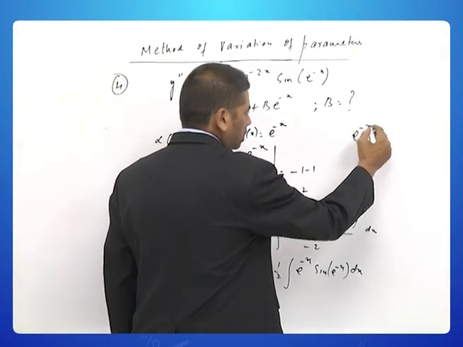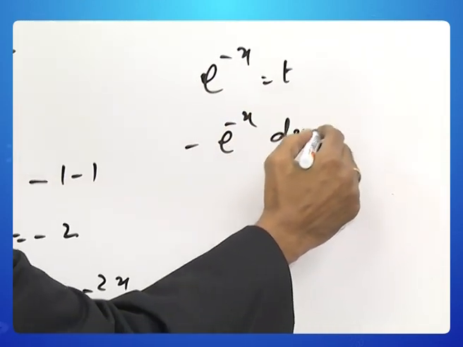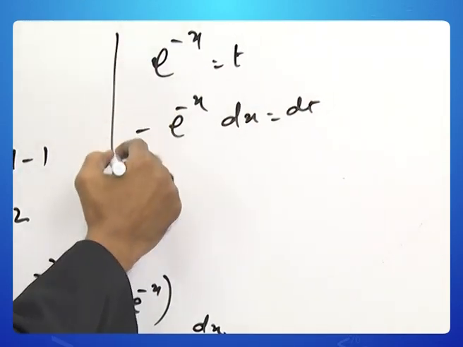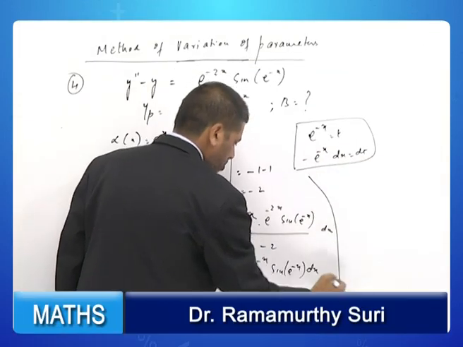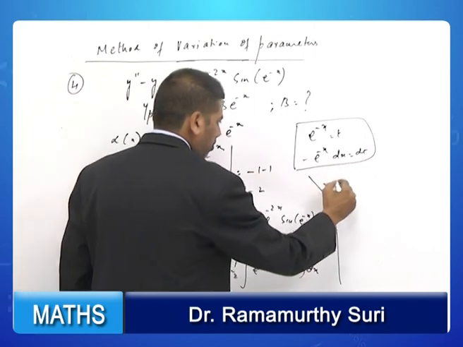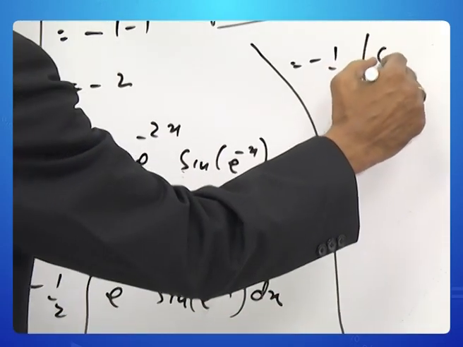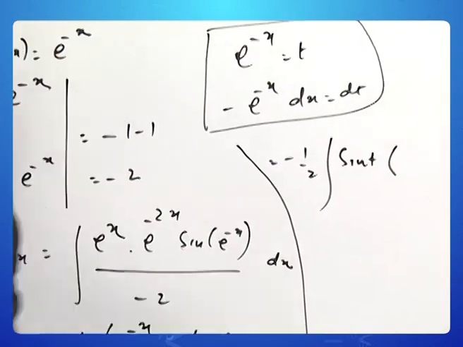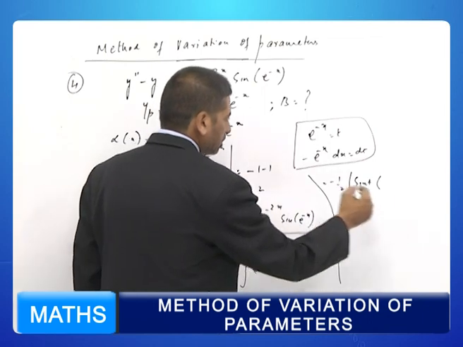Substitute e power minus x is equal to t, minus e power minus x dx is equal to dt. So you will have minus half integral sine t into e power minus x dx is minus dt.